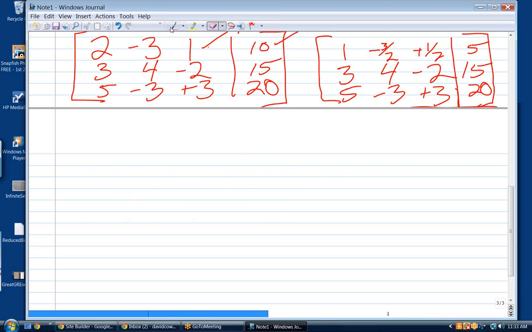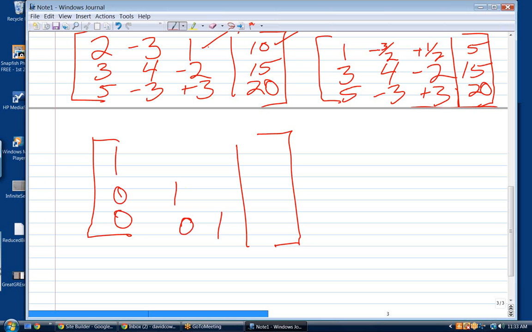In other words, my first goal is to turn this into a row echelon matrix, not a reduced row echelon. I just want to make sure that I got a 1 there, a 1 there, a 1 there, and zeros to the left. If I can get this matrix, sorry, I put one too many zeros there. In other words, I'm trying to turn it into that for starters.